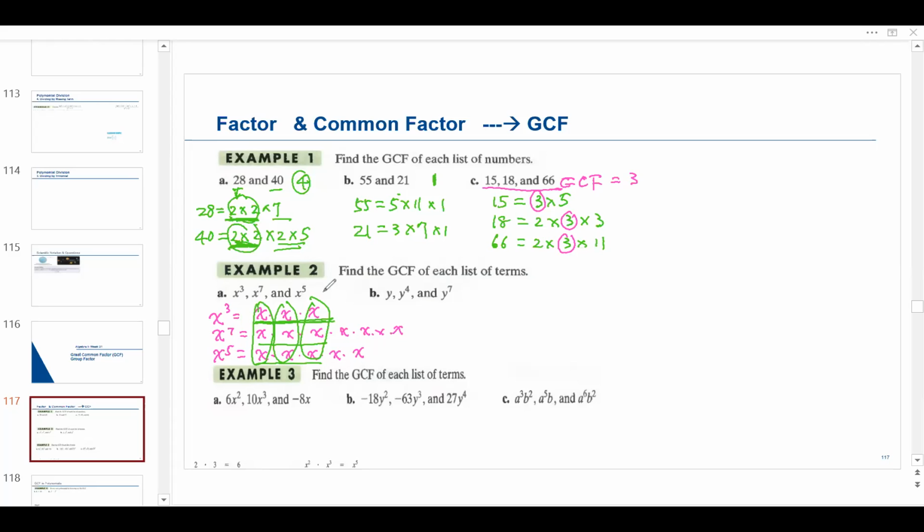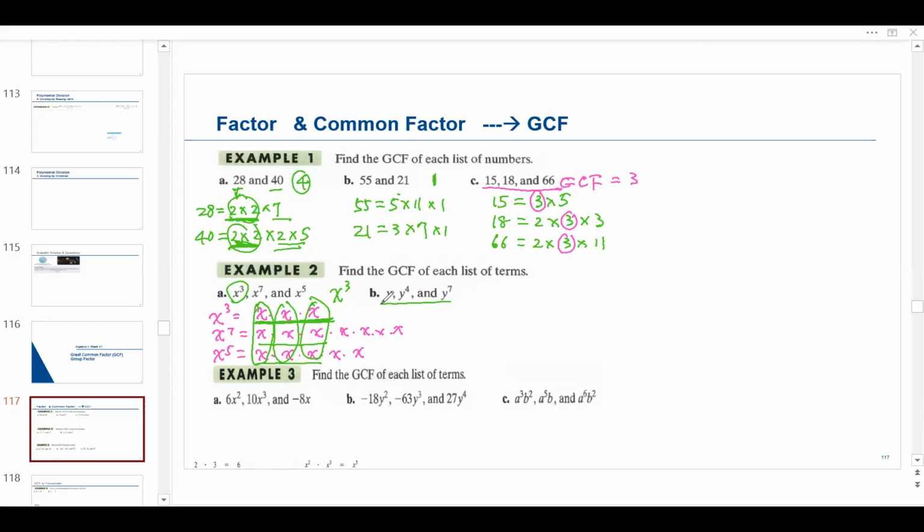Here is their not common part. So their greatest common factor for these examples will be x cubed, because of the first, second, and third common factor. So this one is x cubed times 1, this one is x cubed times x to the 4th, and this x to the 5th is x cubed times x squared.